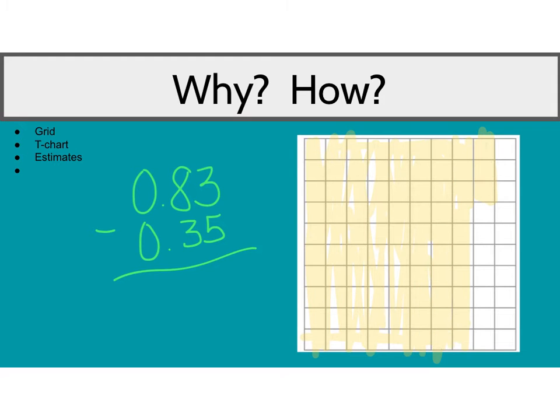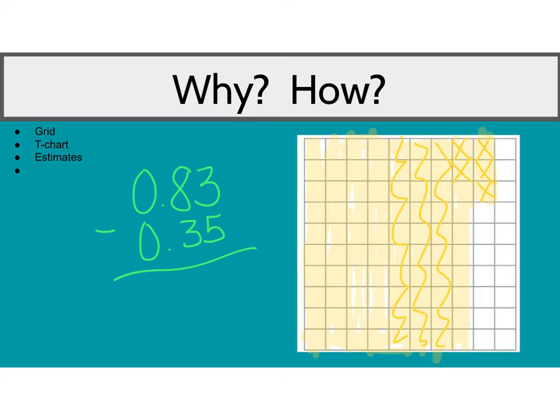Okay, and we're going to want to subtract 35 hundredths. So we could just cross out 1, 2, 3, 4, 5, and then we have to cross out 30, right? So this would be 10, 20, 30. All of that would be crossed out.